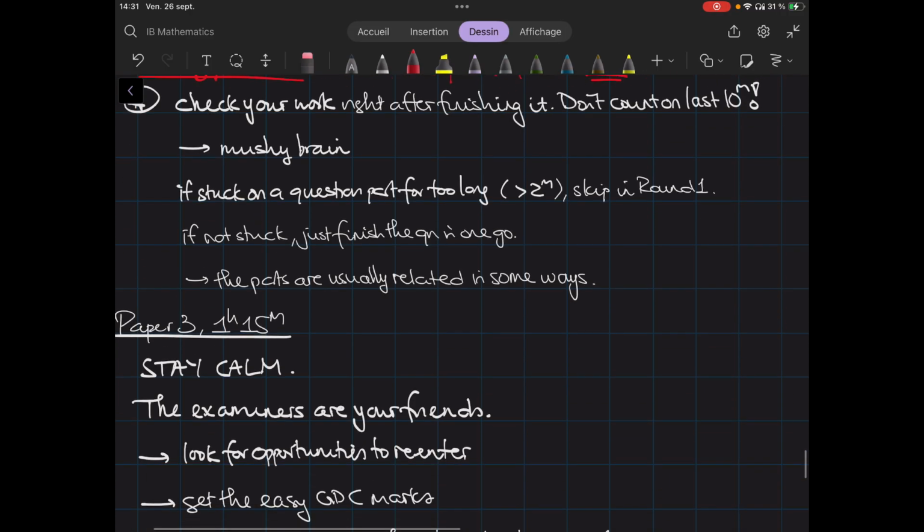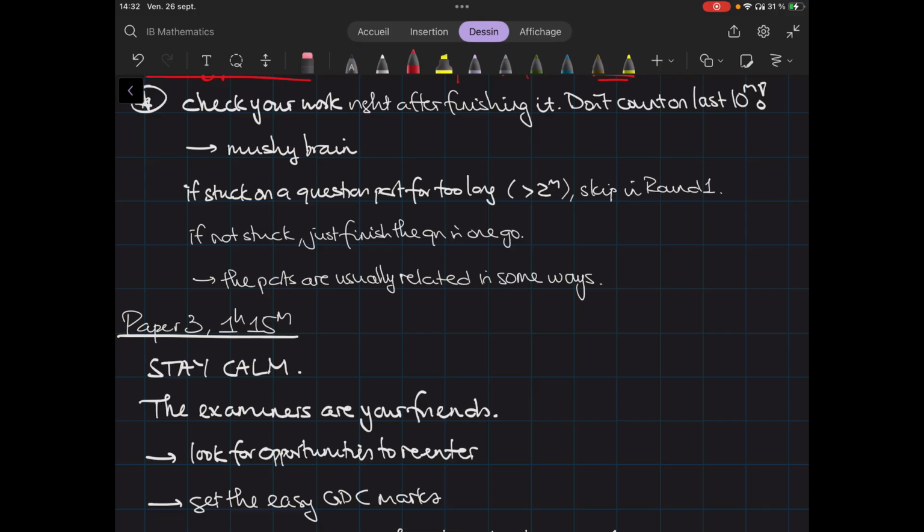A couple of notes before we move on to paper 3. One: check your work right after finishing the question. Do not count on the last 10 minutes ever. Because the thing is, in theory, yes, you have a 2-hour paper. The paper is 110 marks.